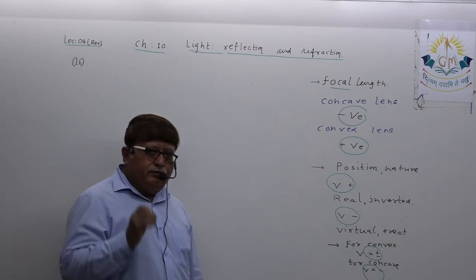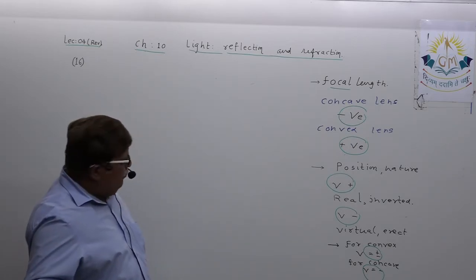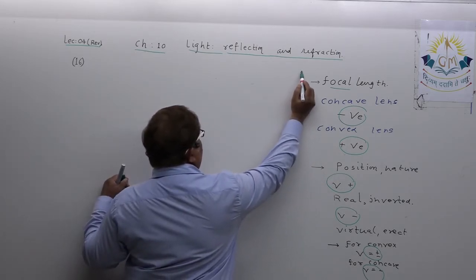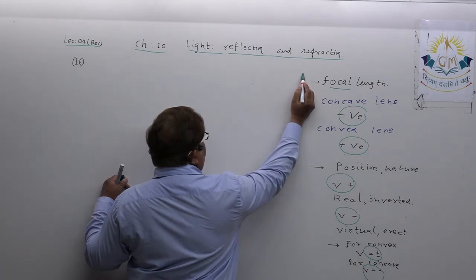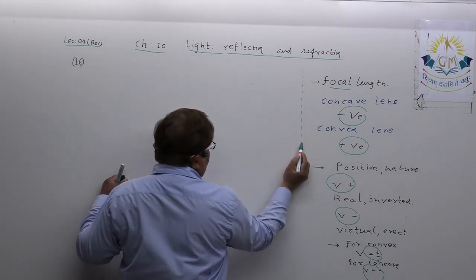Here it's about concave lens. We just want to separate this department, okay? And we'll keep in touch with this whenever we solve any numerical.